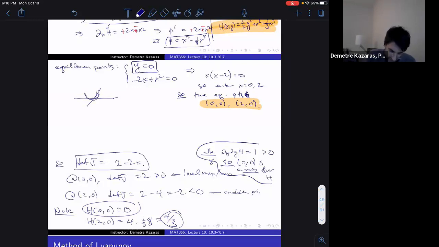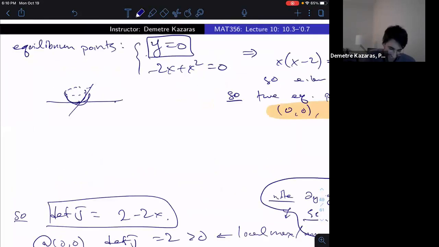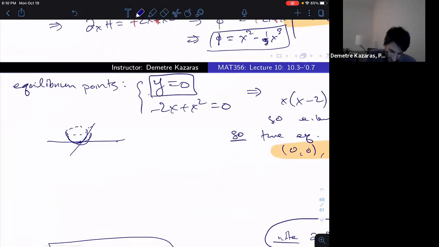And then when we get over to x is 2, not the greatest picture in the world, sorry, that should be over here, we have the height of 4/3, and so we're increasing up here. And then this is a saddle point, so it should be decreasing in this direction and then increasing in this direction.